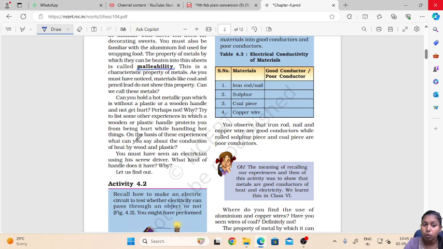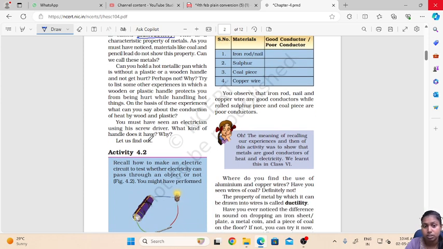Can you hold metal pans in your hand without a wooden or a plastic handle? All the pans that we use in our home have a handle, either made of wood or plastic. Without that, can we hold a hot metallic pan? No. Why can't we hold them? We will get hurt by holding a hot pan or a hot thing, right?